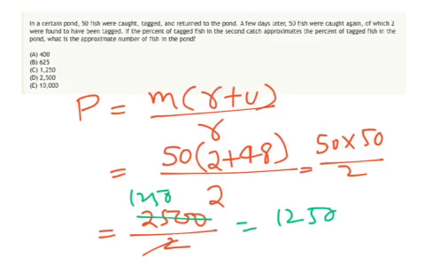In that, M, the marked fishes, are about 50, recaptured and marked are about 2, and U, unmarked, about 48, 50 minus 2, we get 48 here. So 50 into 50 by 2, that means 2500 by 2. So the fishes are about 1250. So the answer here is 1250.